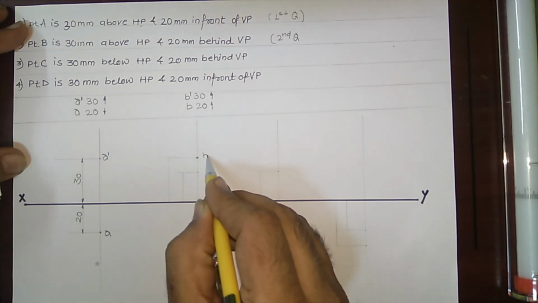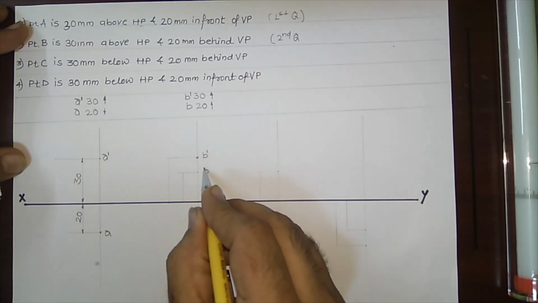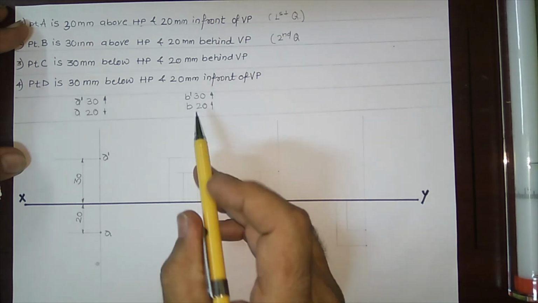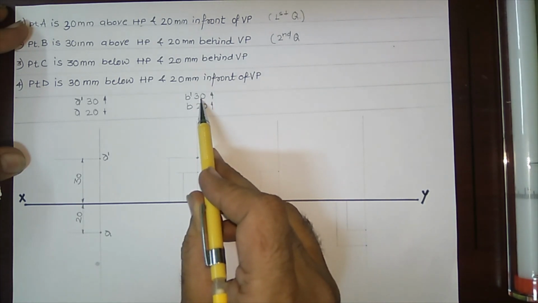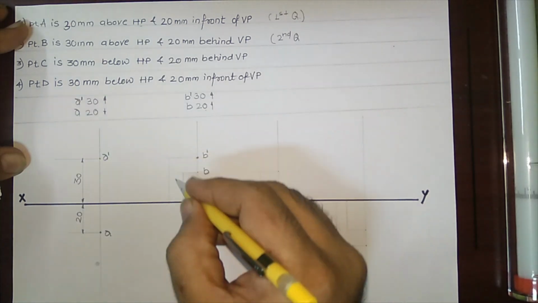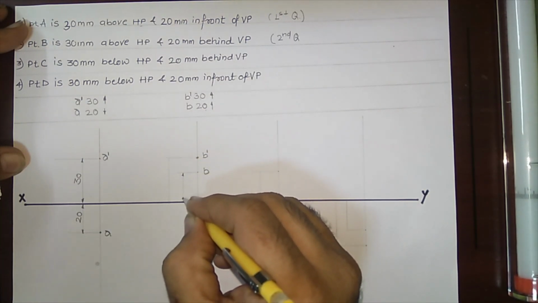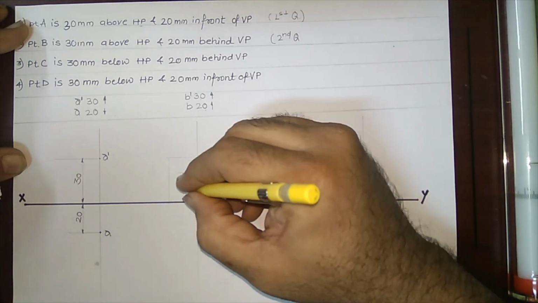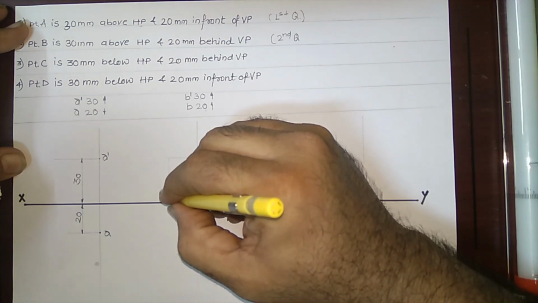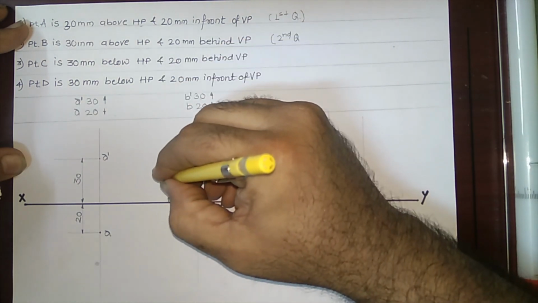This point is B dash and this point is B. If you interchange the positions, it will be wrong. So the distance from HP, the distance from VP, front view, top view. I will mention the smaller distance is nearer to the line. So this is say 20 and this particular distance is nothing but 30 millimeter. This is 30.